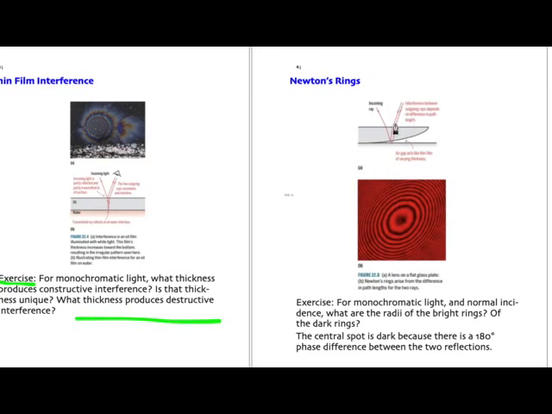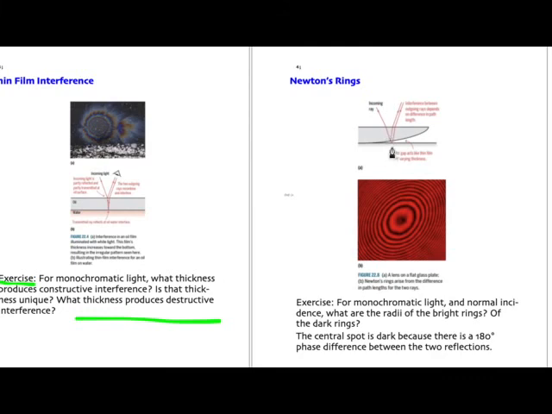Actually, it's a little more complicated than that, because in some cases for reflection, there's an additional 180-degree phase change upon reflection. Here you have light reflecting from incident light coming from glass into air.